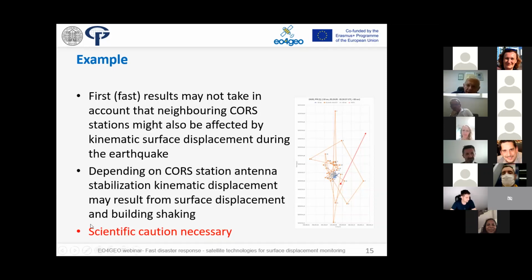And this is especially, I would say, visible in this movement where the building went first in the direction of south and then shook back to the north. So this is definitely a result not only of the surface displacement, but also a building shaking.